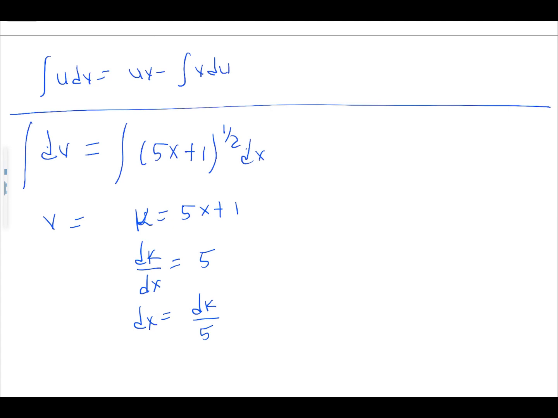But don't forget that as soon as we represent k equal to 5x plus 1, the question changes to the integral of k power 1 over 2 dx. Since we want it in terms of k, we need to replace dx. Replacing that, we get k power 1 over 2, and then dx is dk over 5.